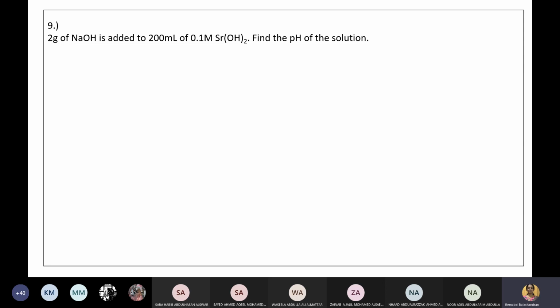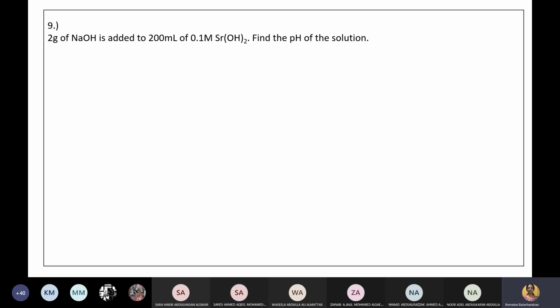I think that we should use M1V1 equals M2V2. And we have V1 equal to 0.2 liter and M1 is 0.1.